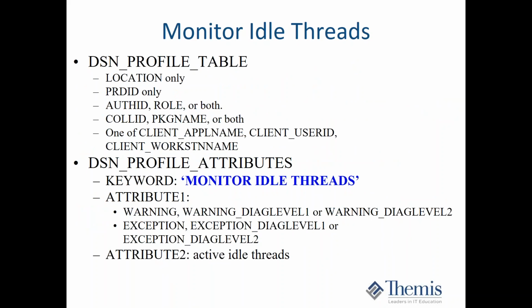We can also monitor for the idle threads, those type 1 idle threads, differently. It's not just the number of requests, it's that they are sitting there on the idle chain. Idle threads are those type 1 threads that are idle, they've committed their data access, but they're holding some other resource and have not completed.